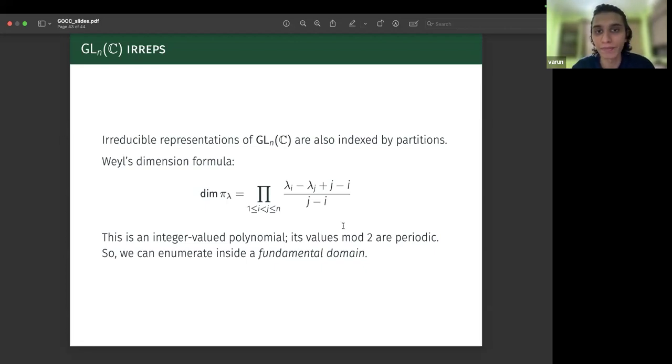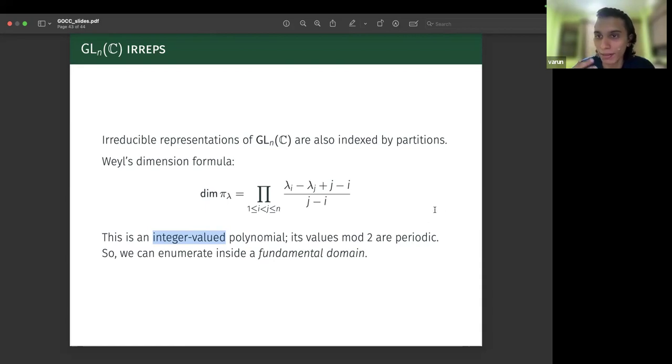which is that we have the dimension formula for the representation, and it's a polynomial in the parts, and it is integer valued. So for any integer input that we feed into this, the output is an integer, and this implies in general any integer valued polynomial will have its values mod 2 periodic.